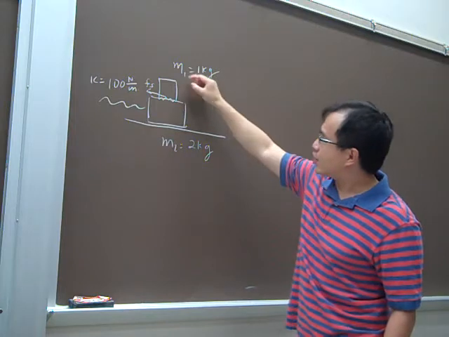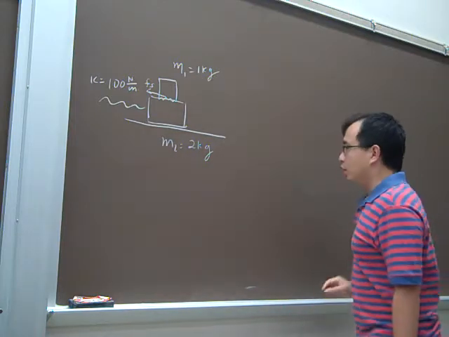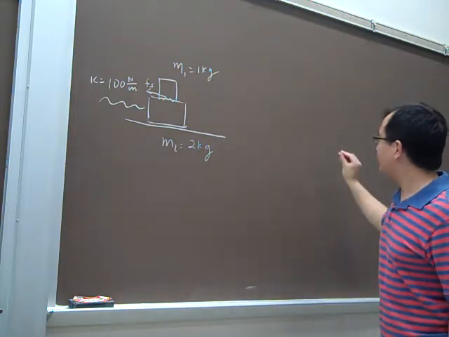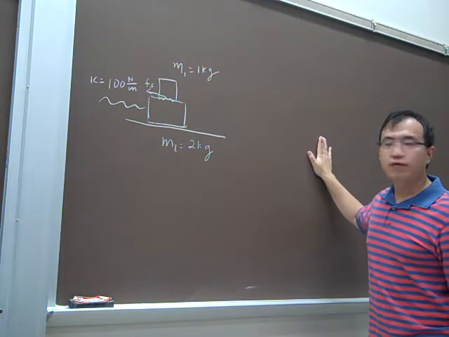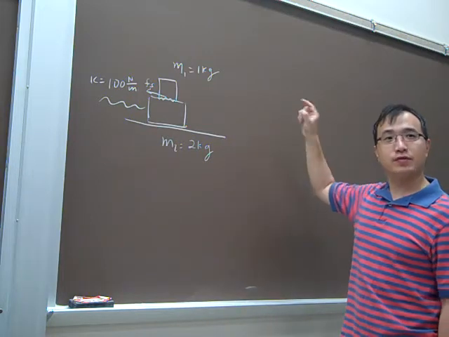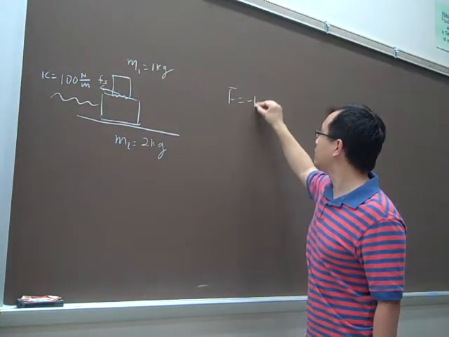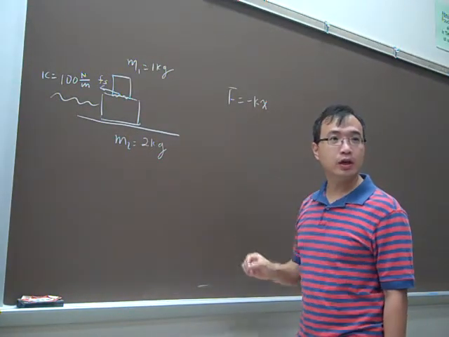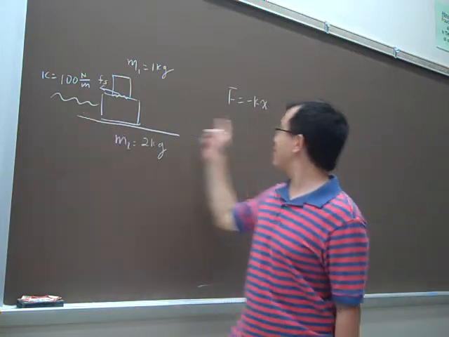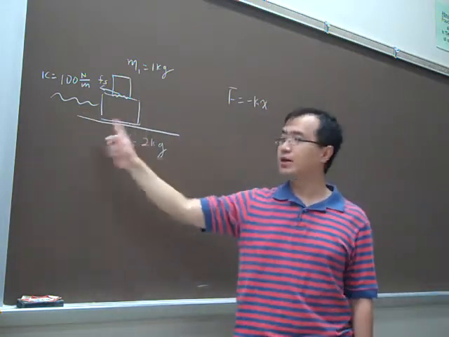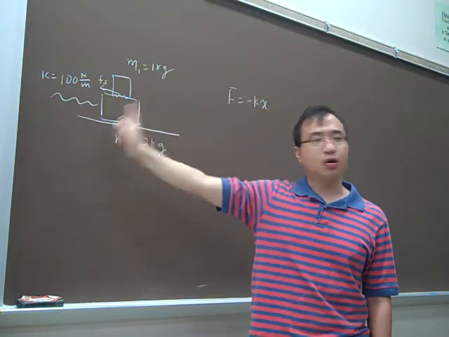So if you look at M1, we know that for simple harmonic oscillation, the force law should be something like this. In fact, because the spring force satisfies Hooke's law, it can make oscillation.